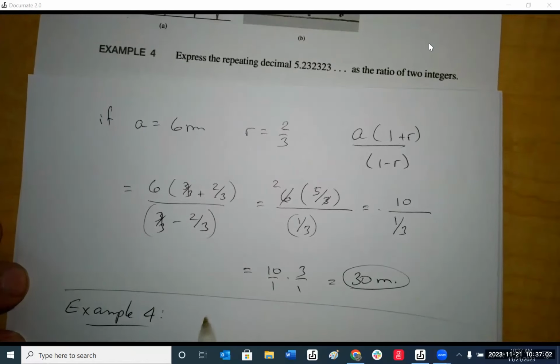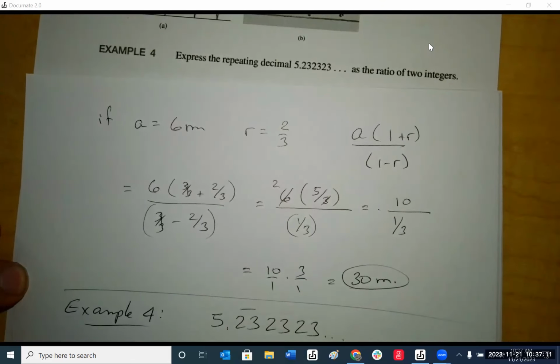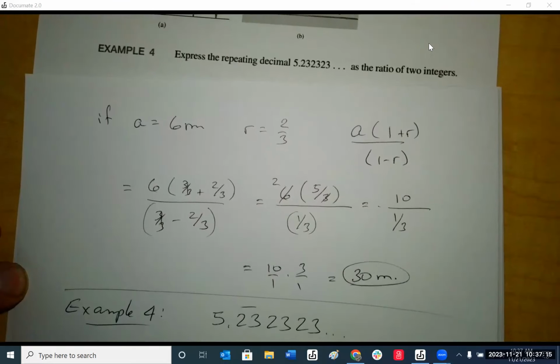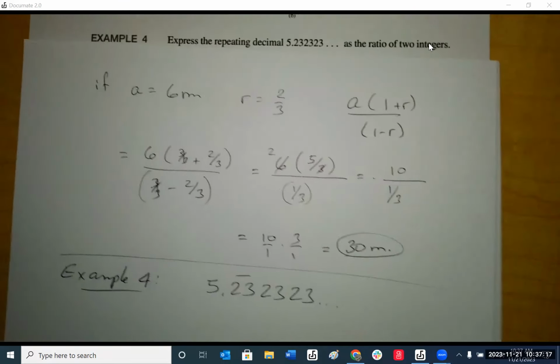Example 4. So express 5.232323, so it repeats itself, as a ratio of 2 integers.